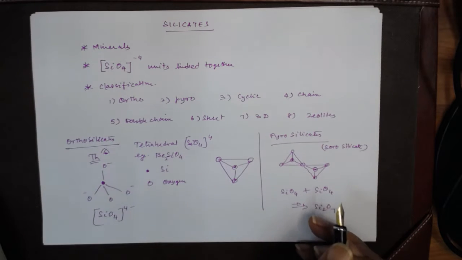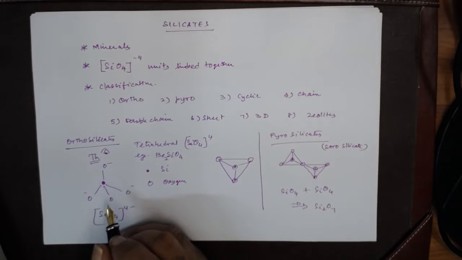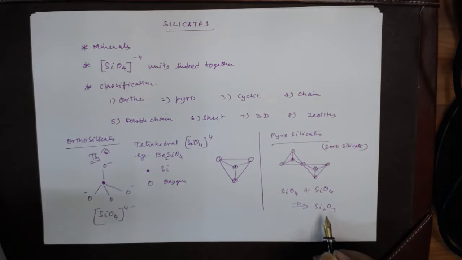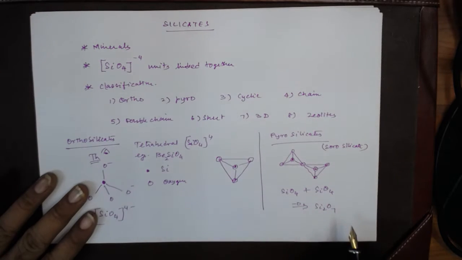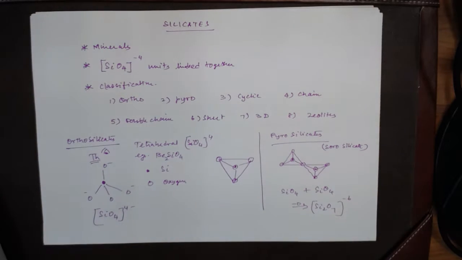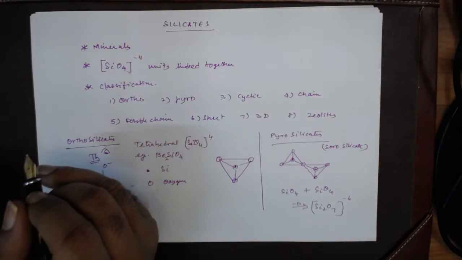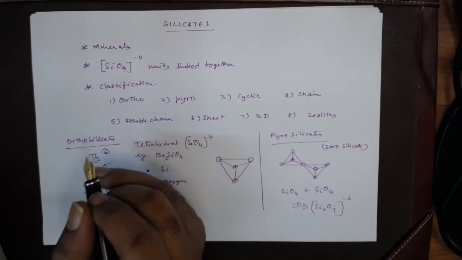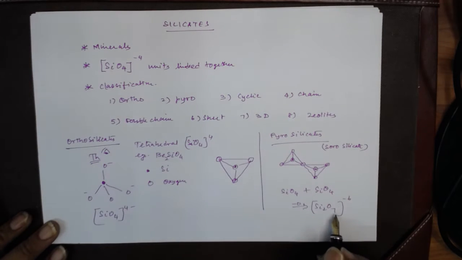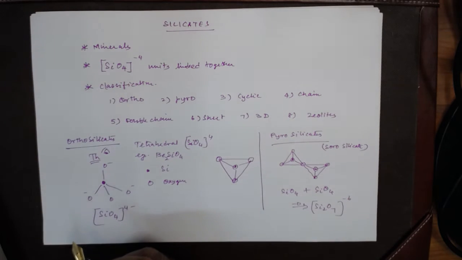It's not a reaction, it's a simple representation. So what is the formula? This is nothing but Si2O7, and since you have lost one oxygen, so -2 will go. So overall charge is -6. Got it? If it is SiO4, 2 into -4, -8, you have lost one oxygen, so -2, so -6. So Si2O7 -6 is the resultant. You understand?